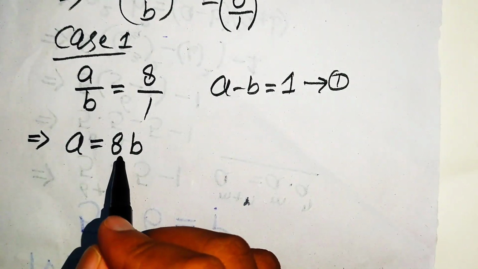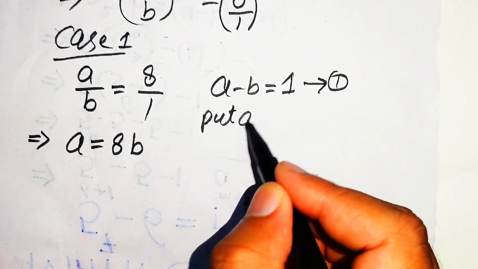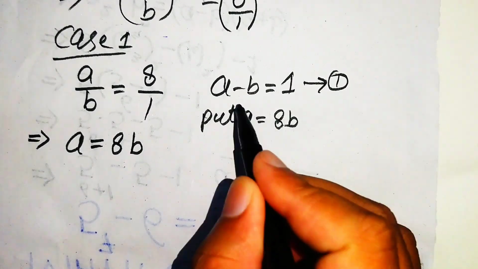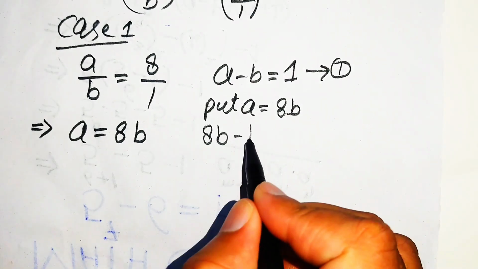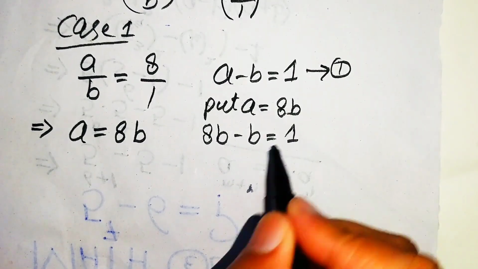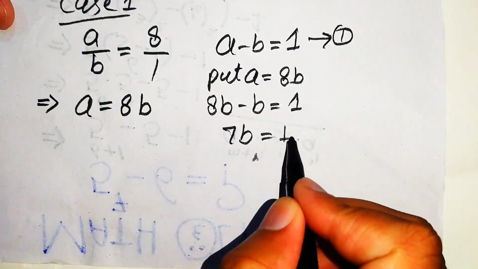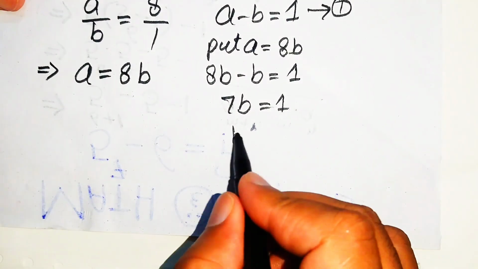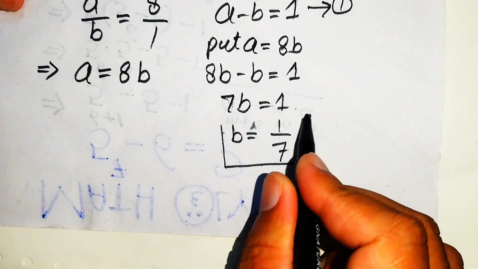We put the value of a equals to 8b here, so it will be written as 8b minus b equals to 1, and 8b minus b equals to 7b equals to 1. So here you get the value of b equals to 1 over 7.